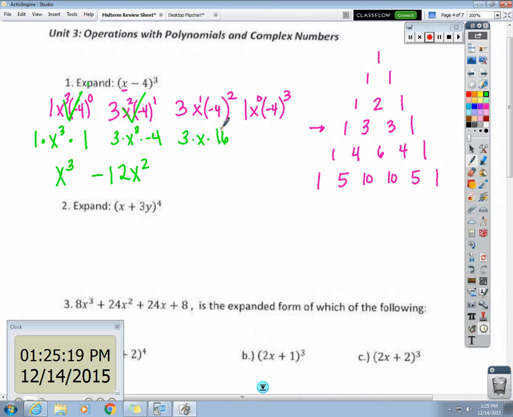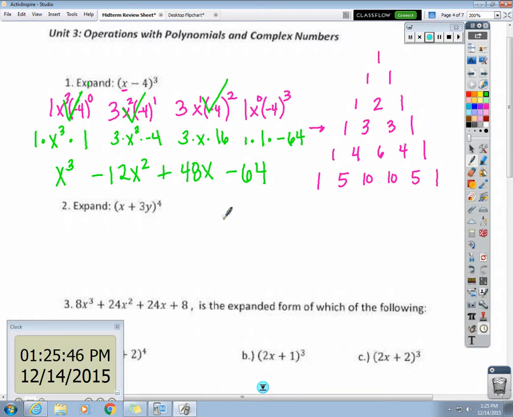Now, what's 3 times 16? 48, and then don't forget about the x. Okay, then the last one, we have a 1 times a negative 64. Because remember, it's negative 4 times negative 4 times negative 4. So 1 times negative 64 is negative 64.